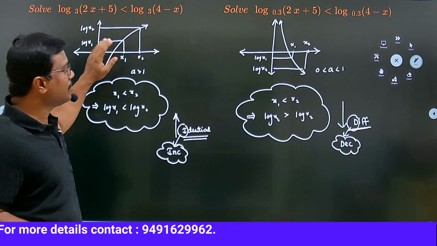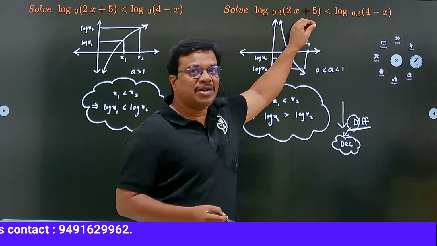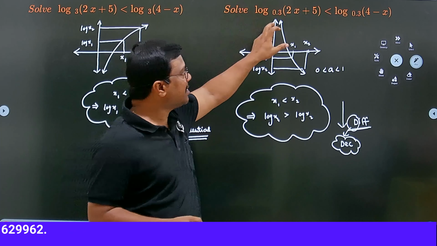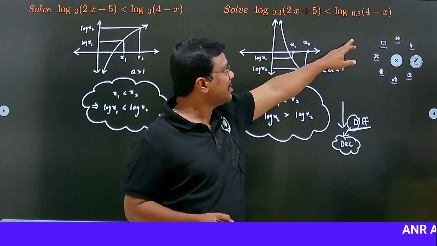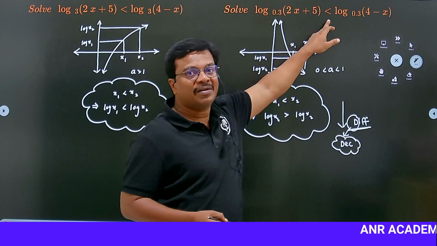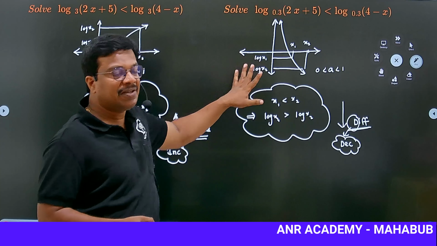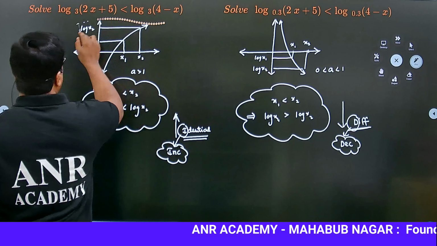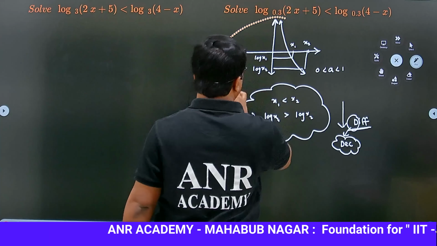And in this case, since the base value is 0.3, due to the decreasing function, the relation between both inputs 2x plus 5 and 4 minus x should be with the greater than symbol, remember. Why? Because for a decreasing function a different symbol, for an increasing function you follow the same symbol. Yes, now I am going to solve these two questions.